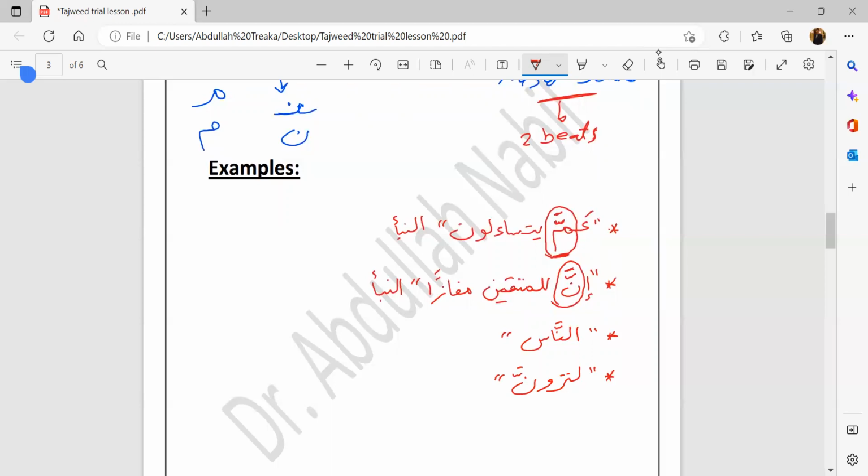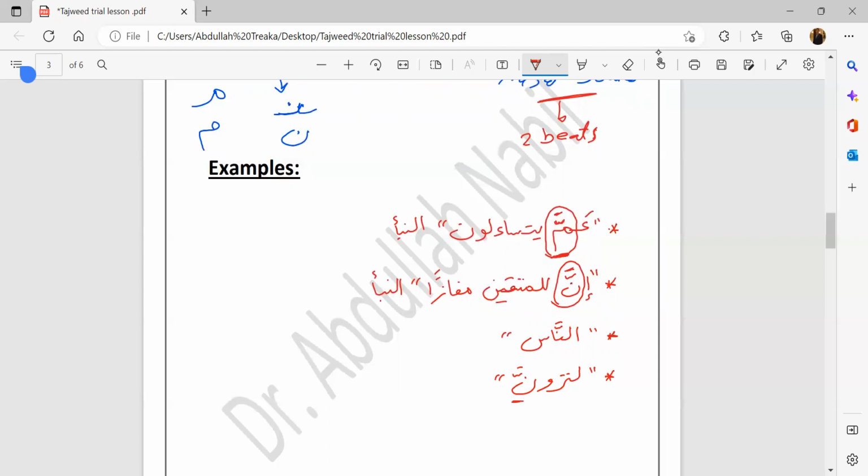Note that if the reader stops on a word ending with noon or meme مشددة, the غنة for the meme or noon مشددة still has to be applied.